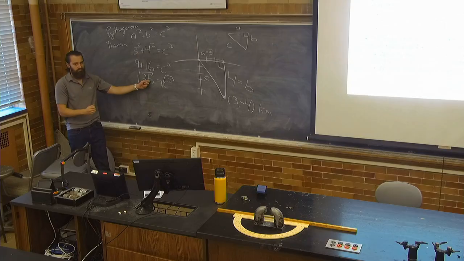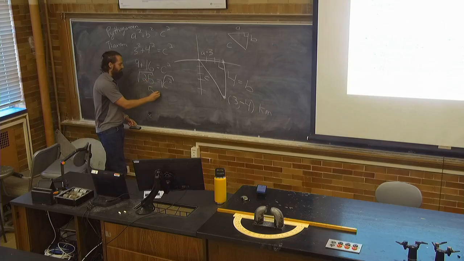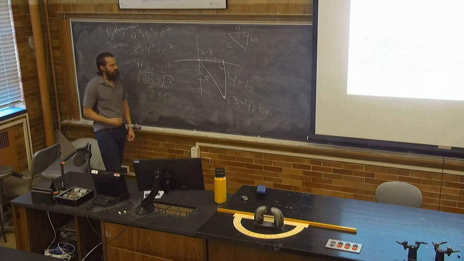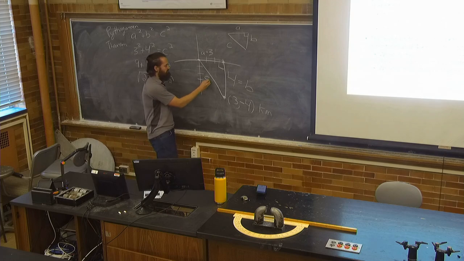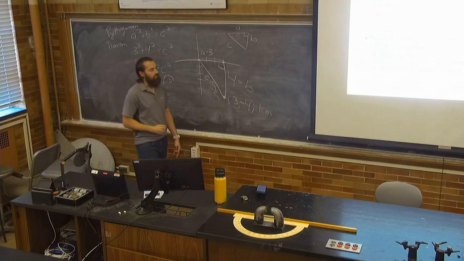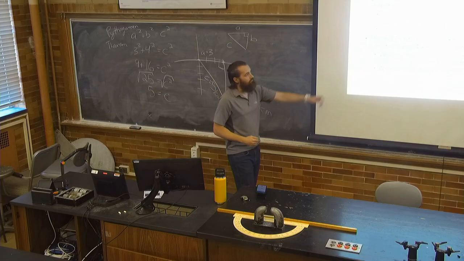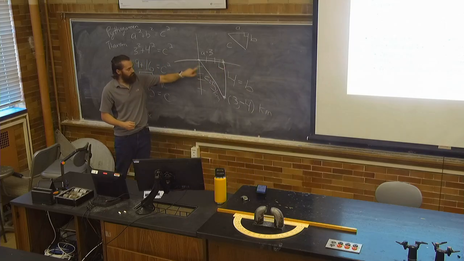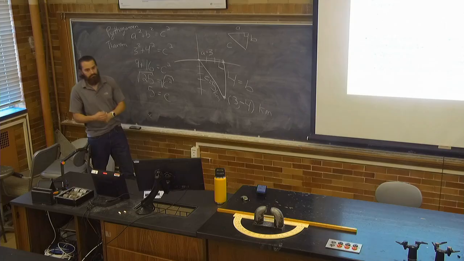Square root of 25 is 5. And then the square root of C squared, the squared and the square root cancel out, and you're just left with C. So the length of this side of the triangle is 5 kilometers. And so how far are they from where they started? They are 5 kilometers from the starting point.